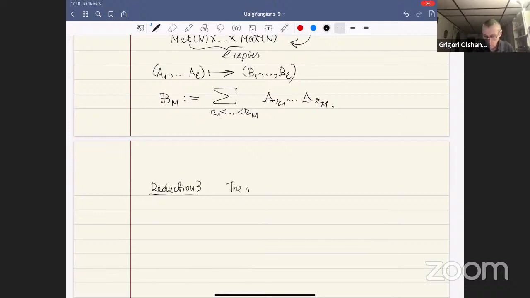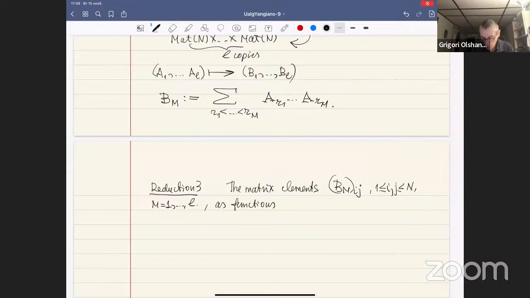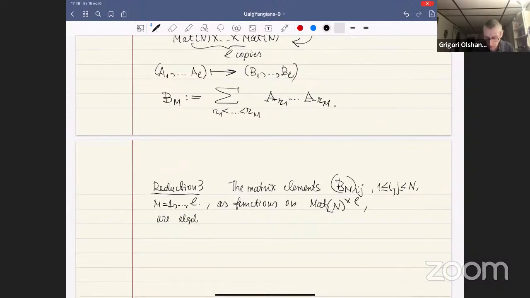The matrices B_m, as functions on our multi-matrix space, are algebraically independent.